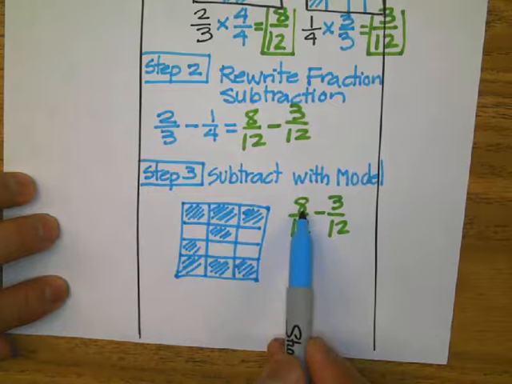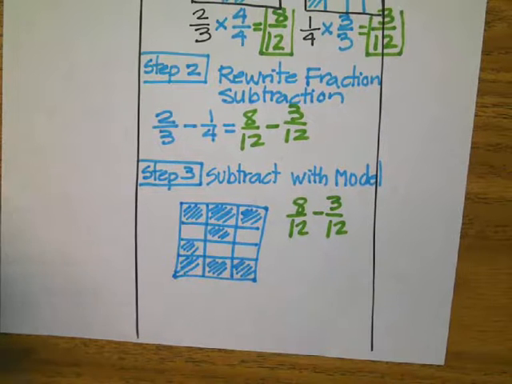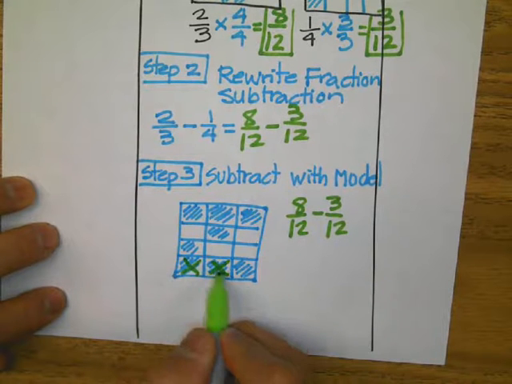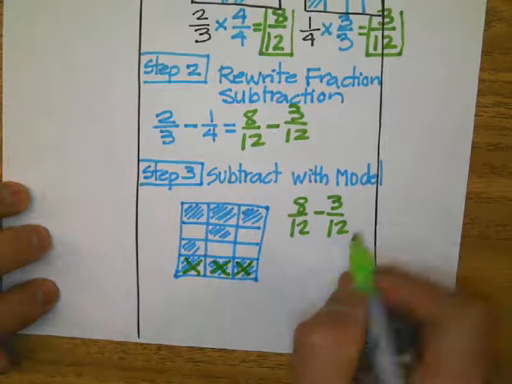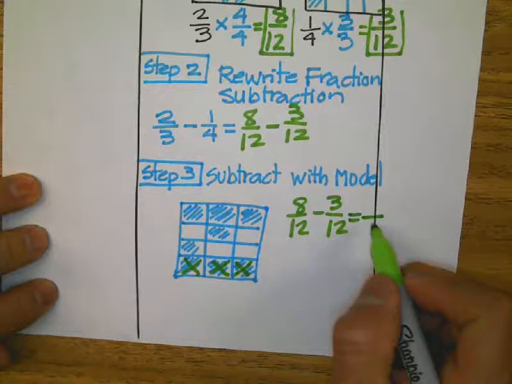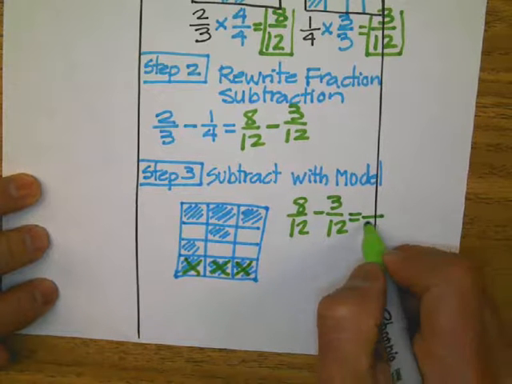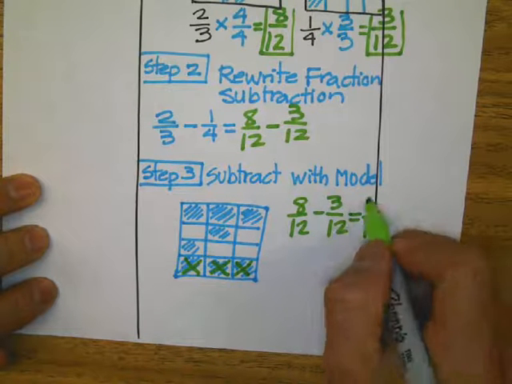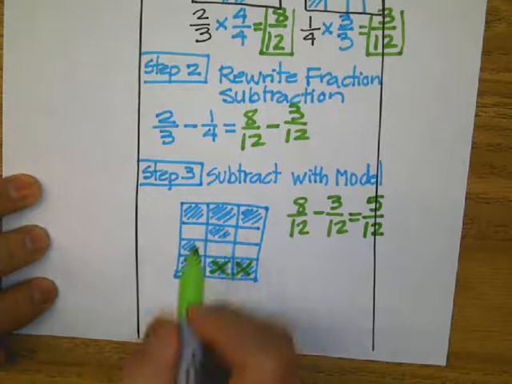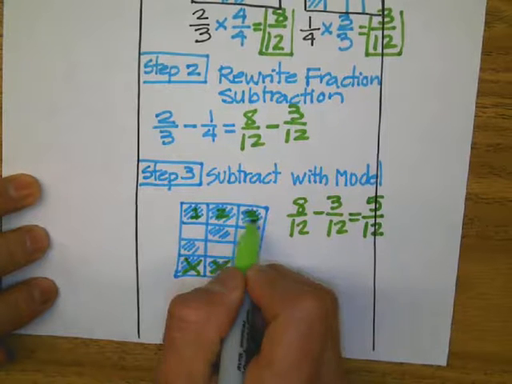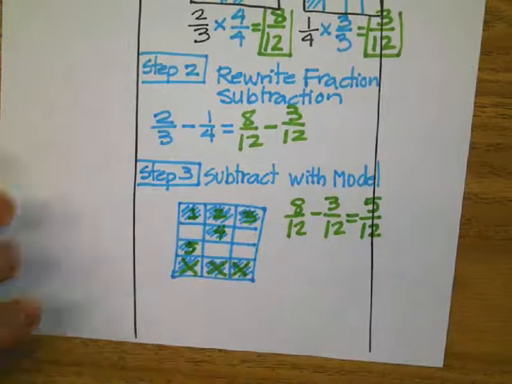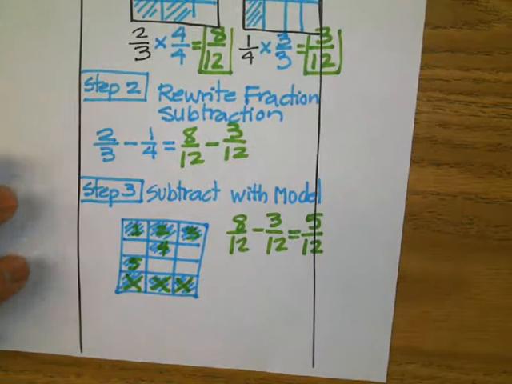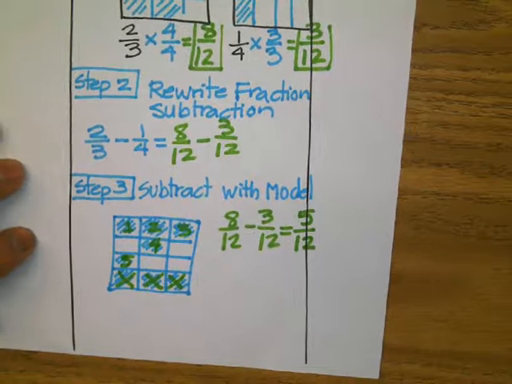And we have to subtract 3 of them. So minus 3: 1, 2, 3, my friends. So now we know that the denominator is the same, and we subtract 8 minus 3 equals 5, and that's exactly what we have left here. 1, 2, 3, 4, 5. My friends, we found the common denominators to subtract fractions that have a different denominator.